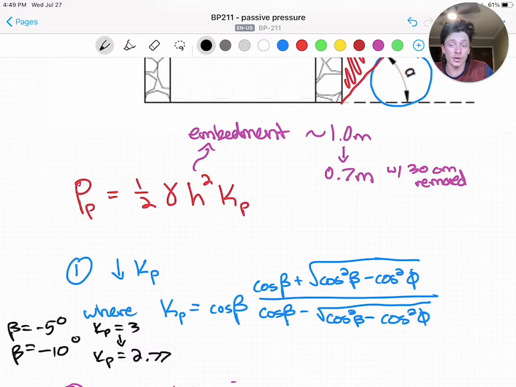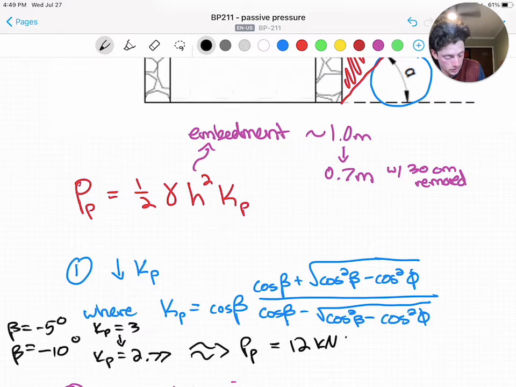And if we consider a 1 meter deep foundation, embedded 1 meter, we can get a passive pressure of about 12 kilonewtons per meter of wall.